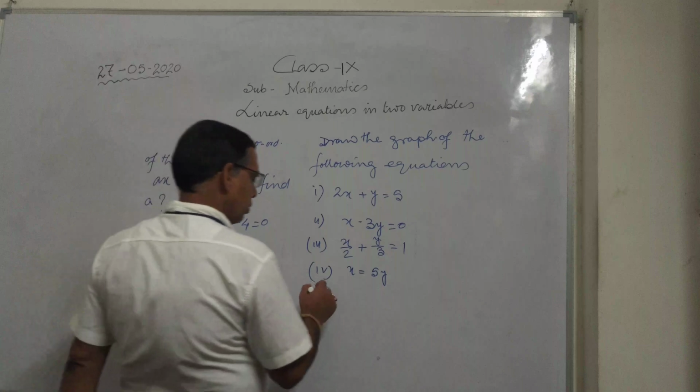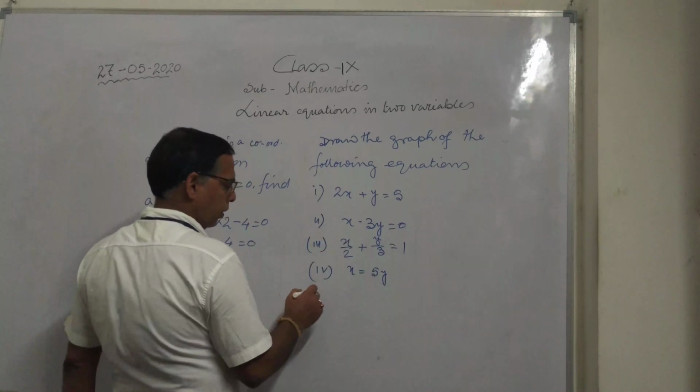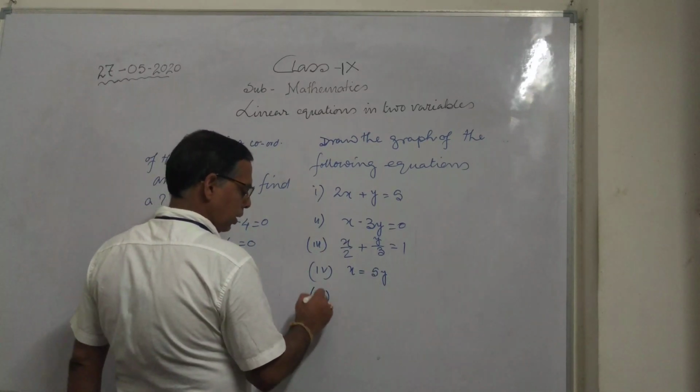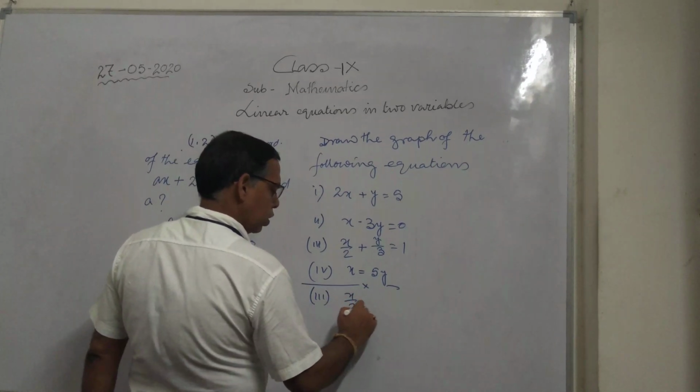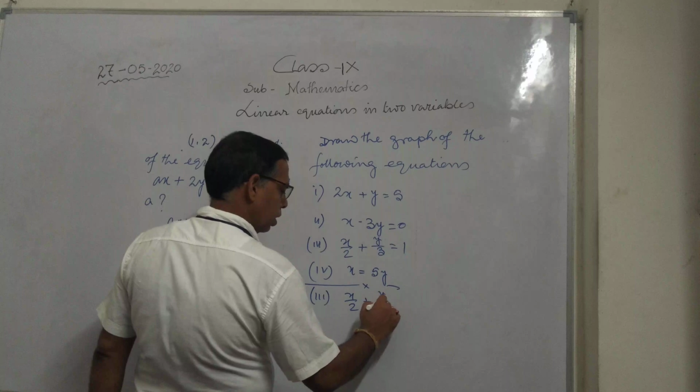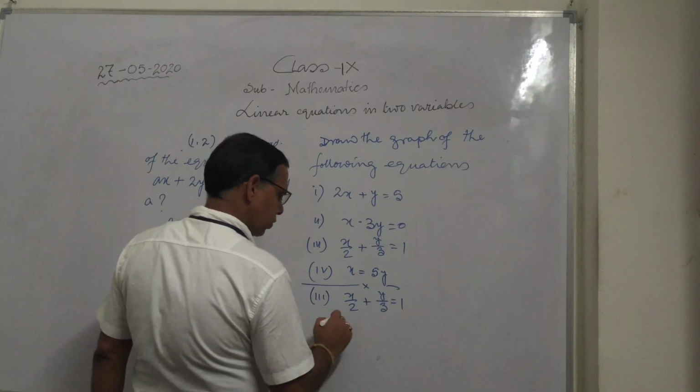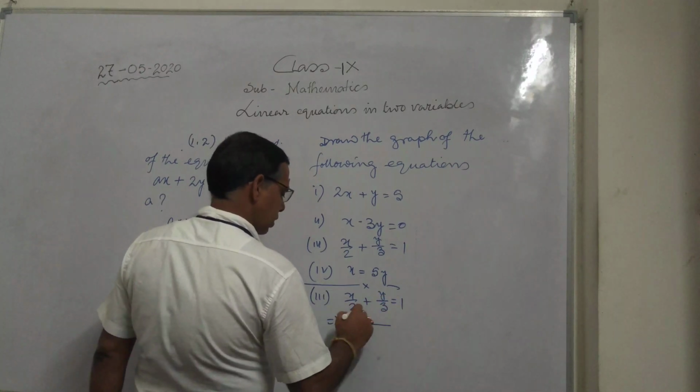Now question number 3, I'll just explain a little bit. X by 2 plus y by 3 equal to 1. First of all, you take the LCM.